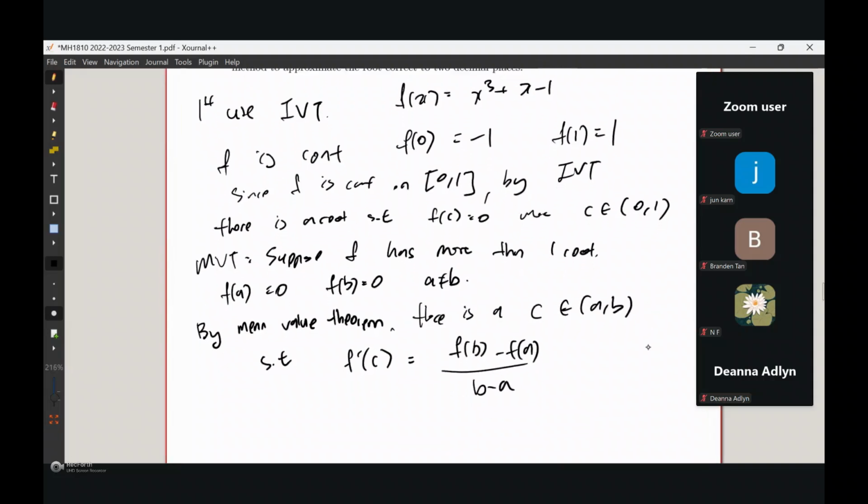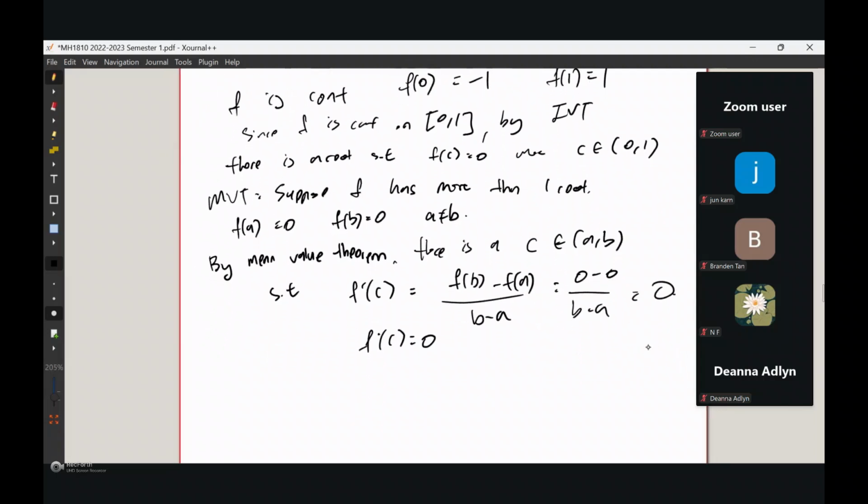Because f of a and f of b are both roots of my equation, f of b equals 0 and f of a also equals 0. So that's 0 minus 0. I don't care what b and a are, I know they're not equal. So we have f prime of c equal to 0.